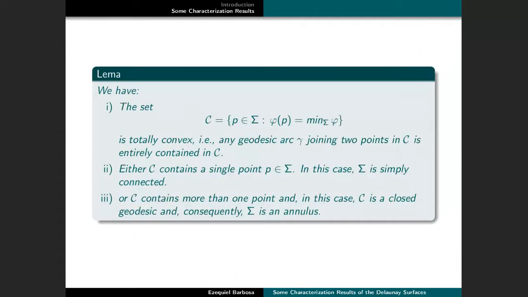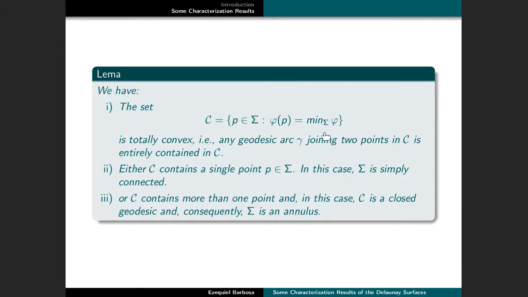So you have found a convex function on the surface, and then we can analyze the set of global minimal points of this function. And so we define this set here and consider this set of minimal points of this function.